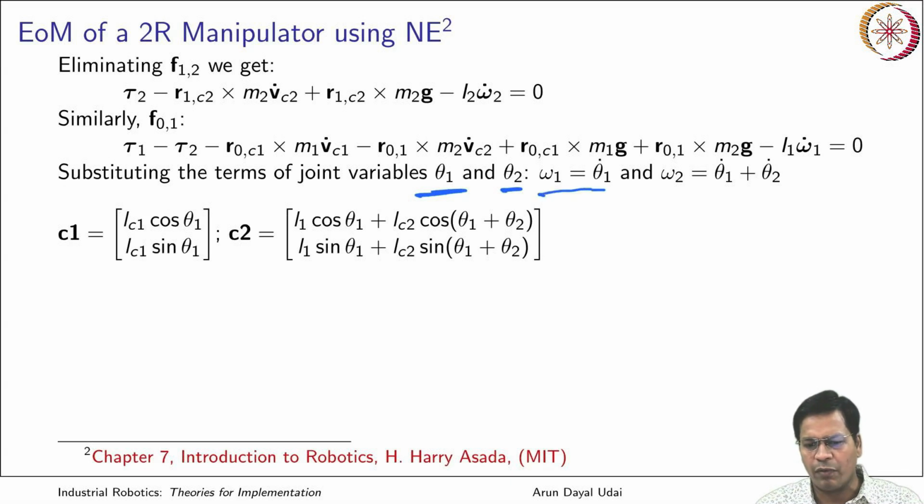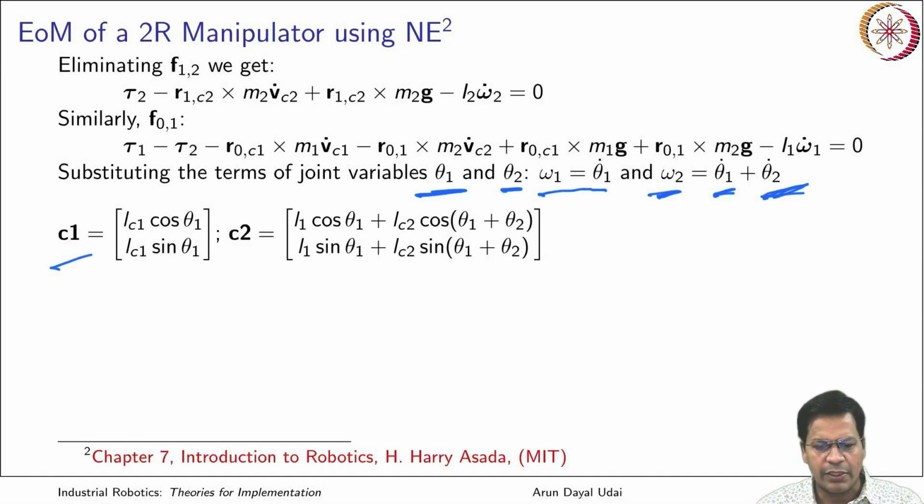So you can write omega 1 simply as theta 1 dot. Similarly, omega 2 will be the sum of angular velocities if it is written in the zeroth frame, that is the ground frame. So angular velocity is theta 1 dot plus theta 2 dot. That becomes the total angular velocity for the second link with respect to the ground frame.